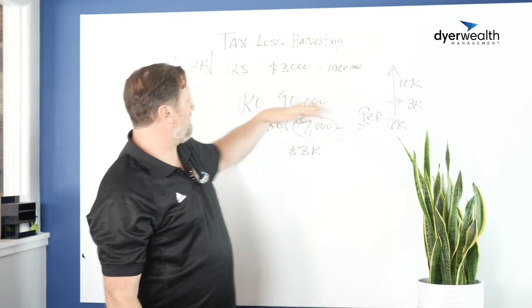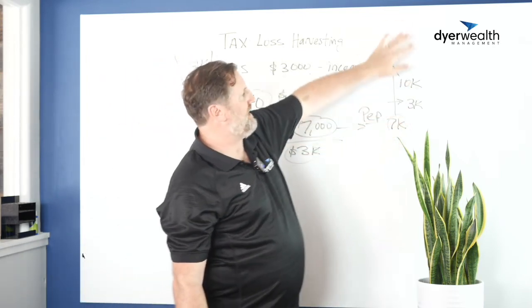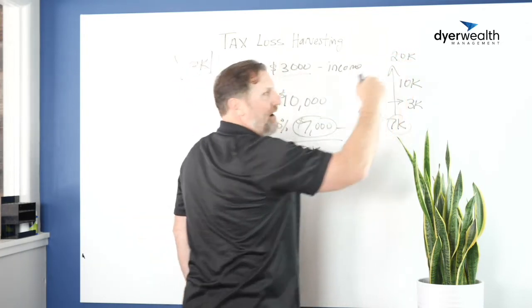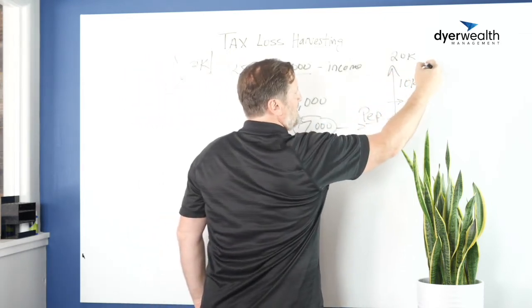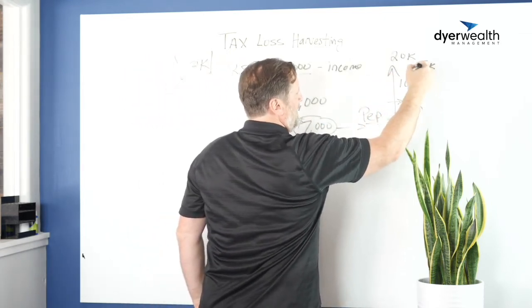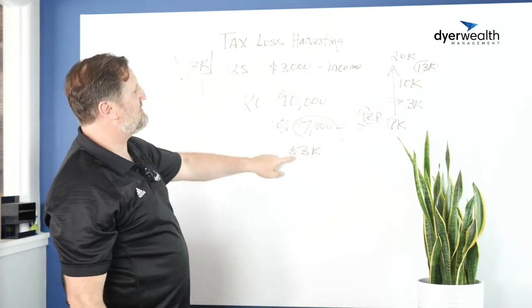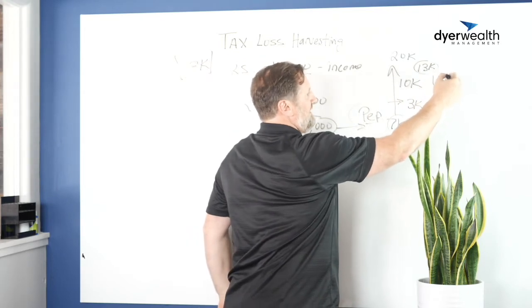But if Coke stayed flat after you moved out of it, and Pepsi went up, let's say to $20,000 in value, okay? You'd now have a gain of $13,000, all right? And that $13,000 could be offset by this $3,000 that we put in this bucket, and you'd only pay taxes on $10,000.